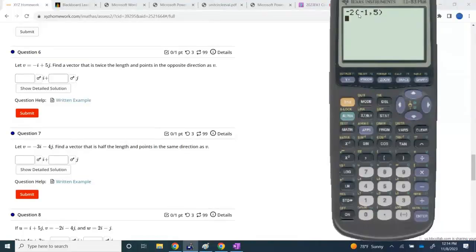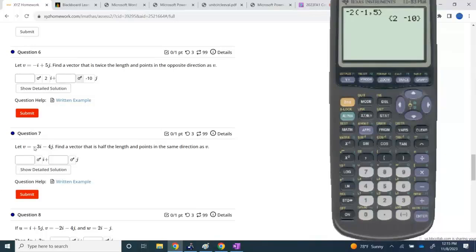I used the curly brace to start it, but then I ended it with a parenthesis, and once I hit enter, it gave me an error. So I'm going to go back and change that parenthesis to a curly bracket. And then I get 2 and negative 10. So I get 2i plus negative 10j.